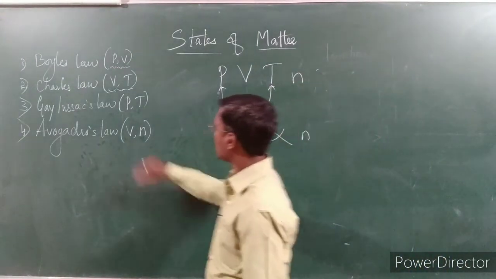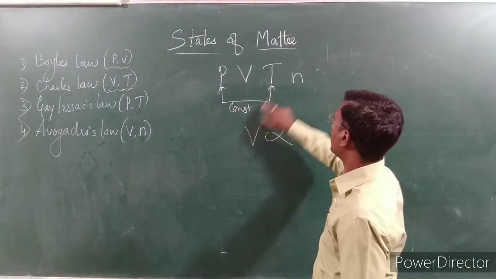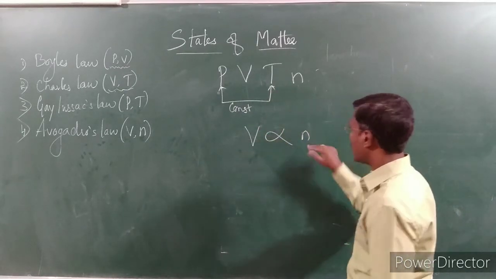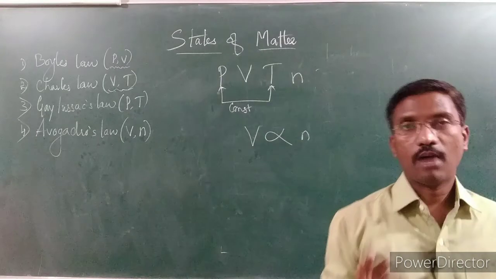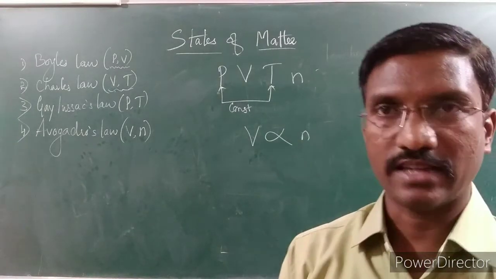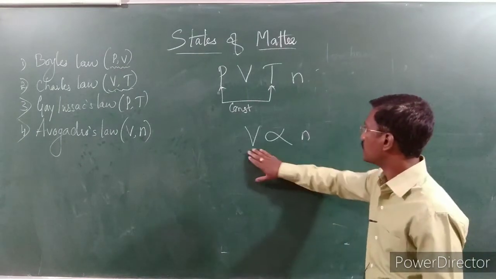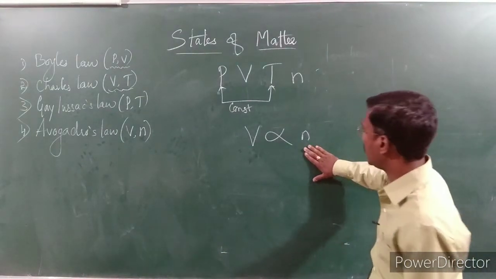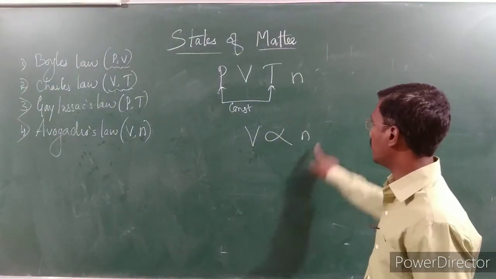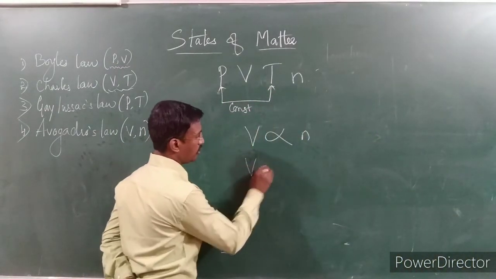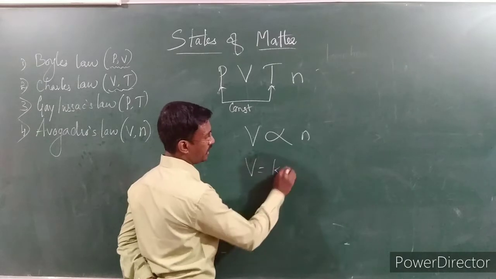So Avogadro's law states that at constant pressure and constant temperature, the volume of the gas is directly proportional to the amount of substance of gas, the number of moles. Means V is directly proportional to n, at constant pressure and temperature. So I may write V equals k into n.